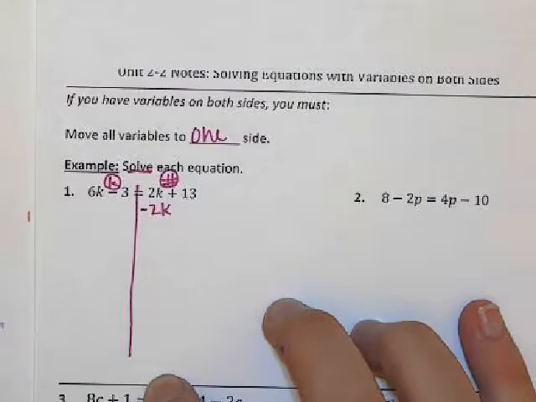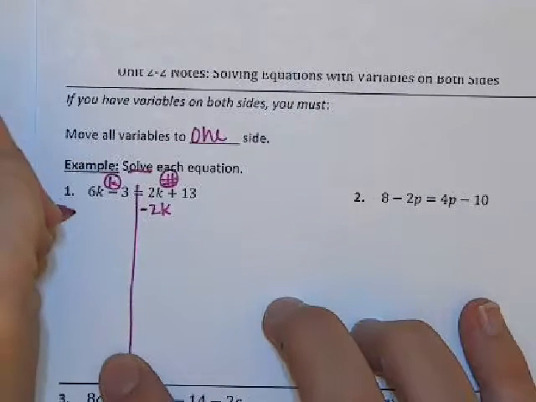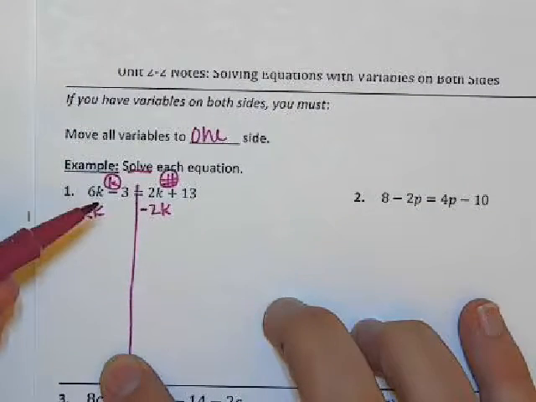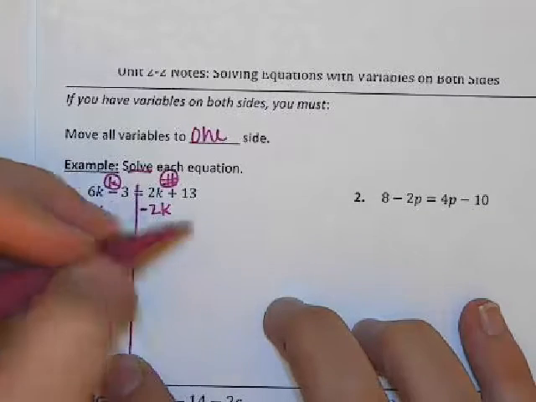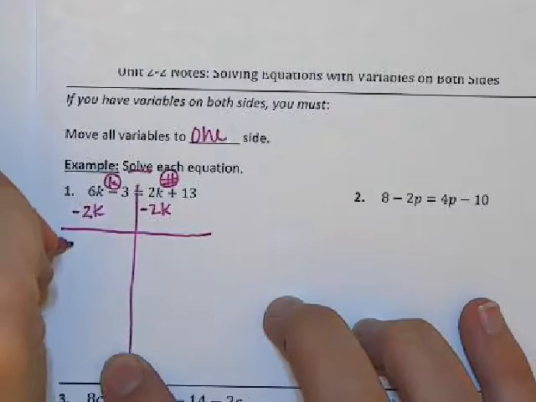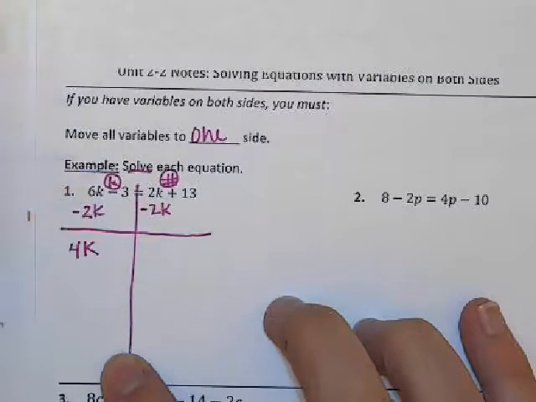So minus 2k. Notice where I wrote it, right underneath. When I write it on the other side, I've got to line up the k's. I write it under the 6k because 6k and 2k are like terms. 6k minus 2k is 4k.